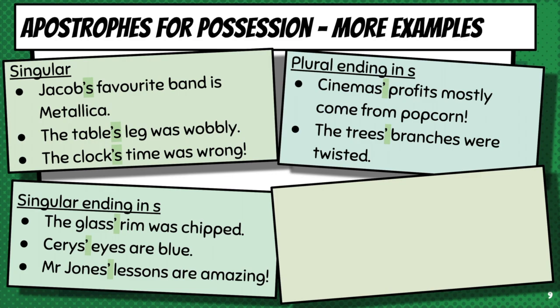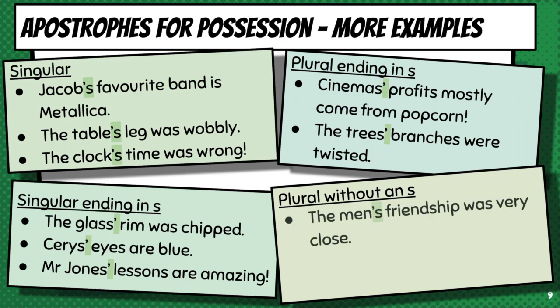If we were to say that it was one tree whose branches were twisted, what we'd do is we'd pop on the apostrophe before the S. We'd be adding on an apostrophe and an S to show that it's one tree. But in this case, putting the apostrophe after the S shows that it is multiple trees. So it can be quite good to clarify different ideas for your reader.